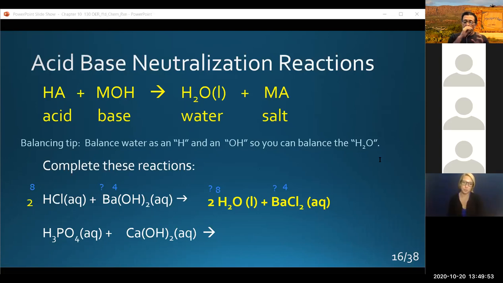Okay, so this is a classic example of the type of problems we're going to be doing later on. Right now, I'm saying molecules, but eventually I'm going to change those numbers to grams. How many grams of barium chloride am I going to make if I start off with 8 grams of hydrochloric acid? We're going to have to depend on the balanced chemical equation, otherwise our numbers will be incorrect.